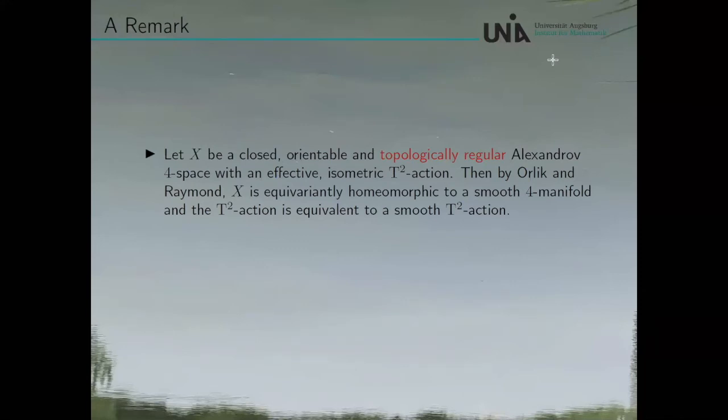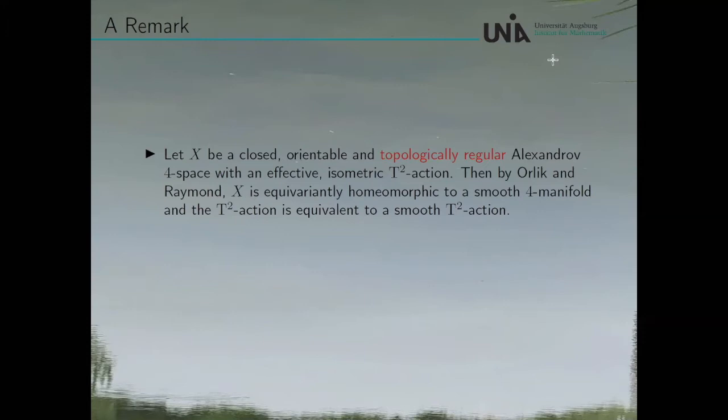Okay, I should recall again the results of Orlik and Raymond. Assume we have a closed orientable four-dimensional Alexandrov space which is topologically regular, meaning that the underlying space is a topological manifold. As I said, Orlik and Raymond showed that the T2 action on such spaces is equivariantly homeomorphic to a smooth T2 action on a smooth manifold.